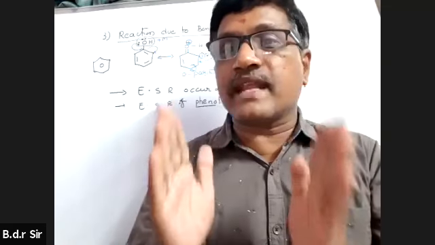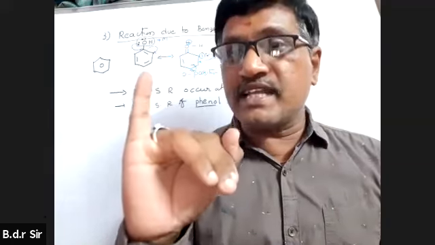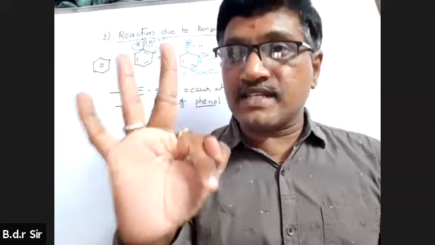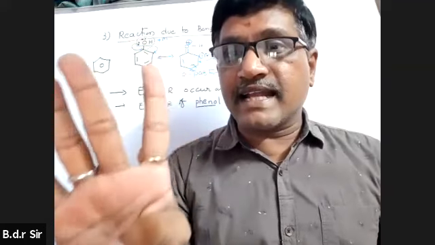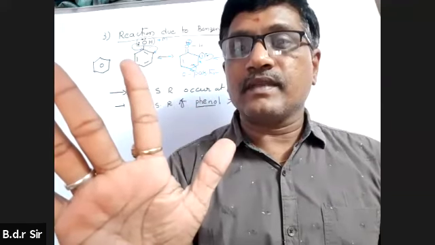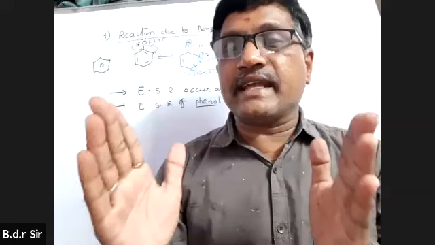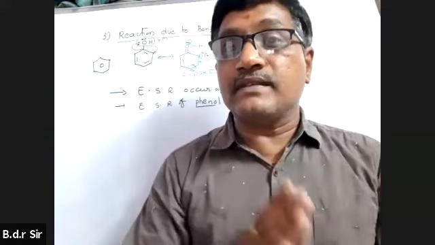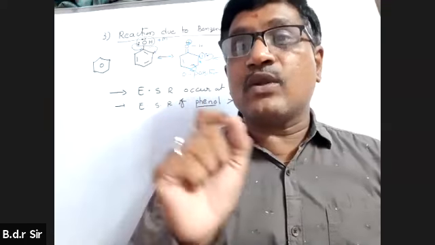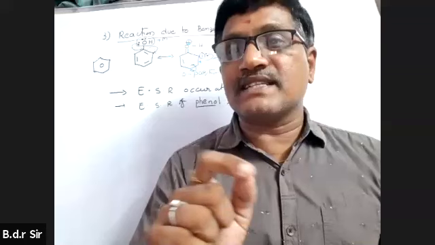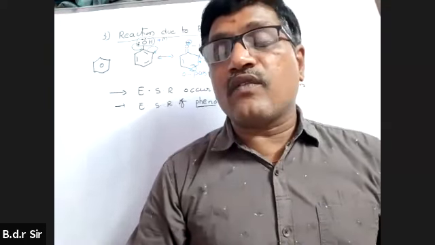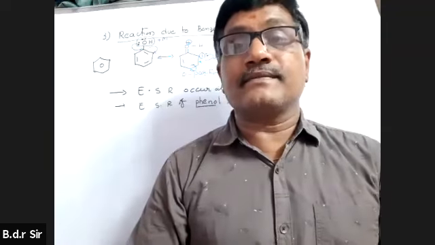Electrophilic substitution reactions are halogenation, nitration, sulfonation, Friedel-Crafts alkylation, and Friedel-Crafts acylation. We are taking the name of the reaction and its electrophile. In halogenation, the electrophile is halogen X plus. In nitration, the electrophile is NO2 plus.